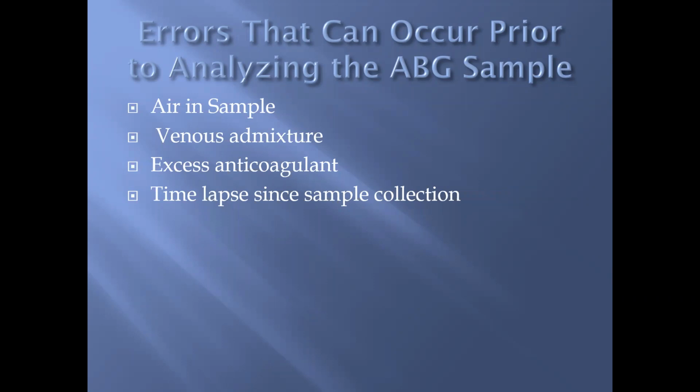So dry heparin, you don't have to expel anything. But if it was liquid heparin, you have like a half a cc of liquid in the syringe. And the pH of heparin is 7.0. So guess what happens when you mix that with the blood? It really drops the pH. So if there's liquid heparin, you have to get rid of that before you draw the blood sample.